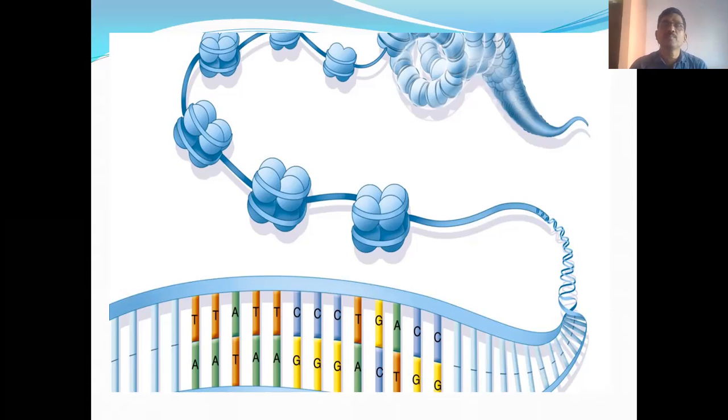Most of the metabolism of the DNA is dependent upon the chromatin, and this chromatin is involved in the packaging or the repairing of the damaged part of the DNA. So what actually happens when there is a damaged part found in the DNA strand? Depending upon the packaging, this chromatin takes part in curing the damage, that is, the repairing of the DNA. Repairing of the DNA means repairing the damaged part of the DNA.